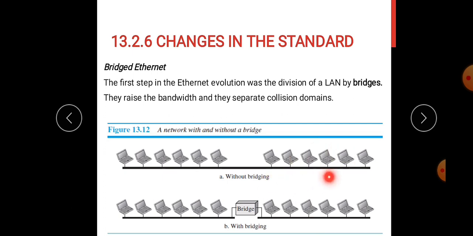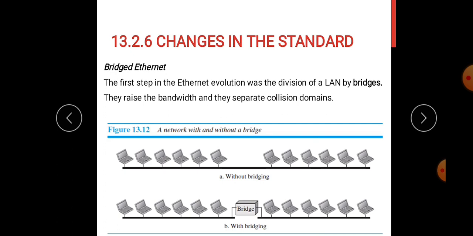For example, take a network with 12 stations. Here it is divided into two networks, 6 stations each. Now each network has the capacity of 10 Mbps. So the 10 Mbps capacity in each segment is now shared between 6 stations, not between 12 stations.